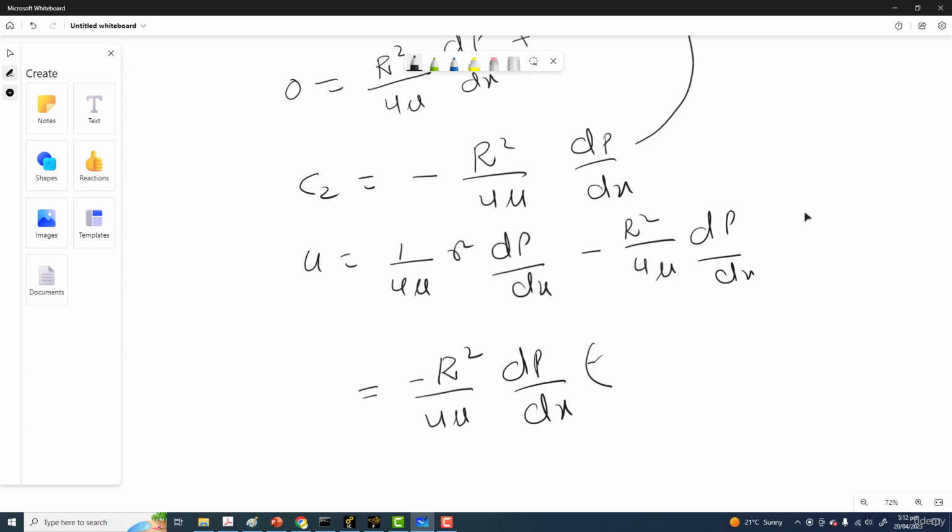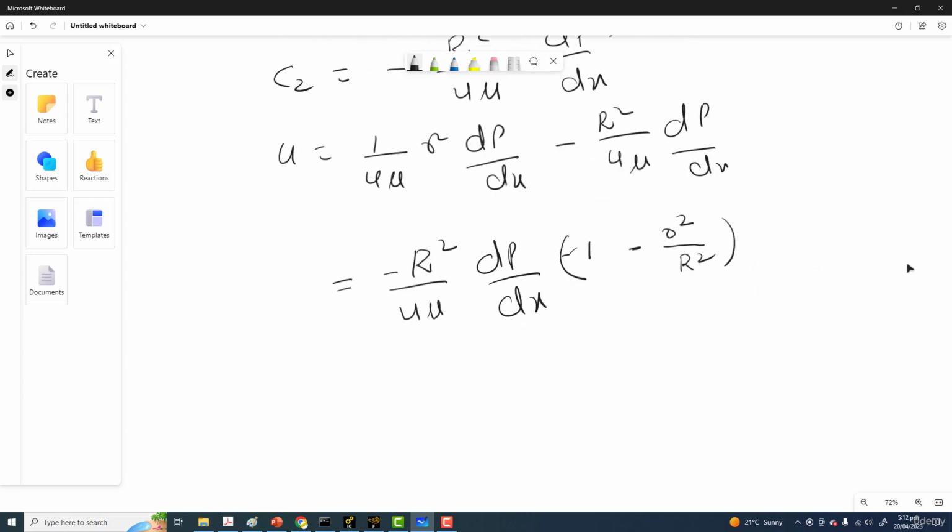So this will be minus R square, and this term will be positive with R square taken out, therefore only 1. Since there was no capital R square over here, this will be divided by R square. So now we have the equation u is equal to minus R square upon 4 mu dp/dx times (1 minus r square upon R square).